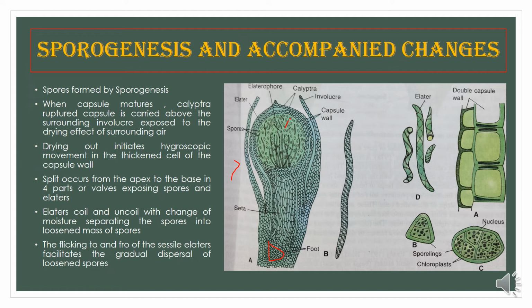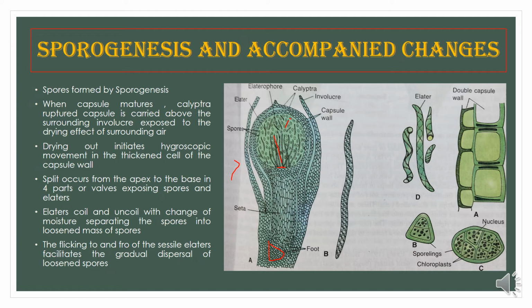In Pellia species, we see that the capsule is quite characteristic. That is, the capsule has, besides spores, two types of elaters. One is the free elater, another is the elaters that are attached to the base as bunches.